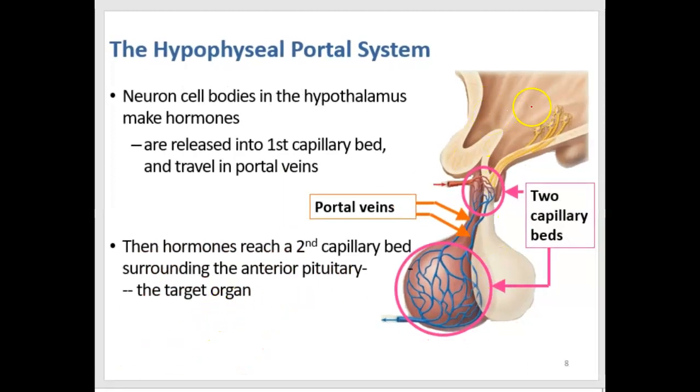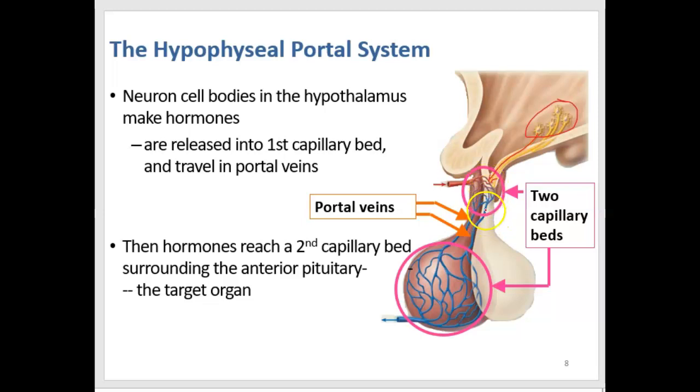So what happens is that the hormones made by neurons in the hypothalamus do pretty much the same thing as we've seen before. They travel down the length of the axons, but the axons end right here. And the hormones are released into the first capillary bed.